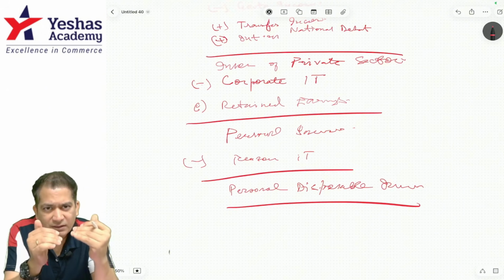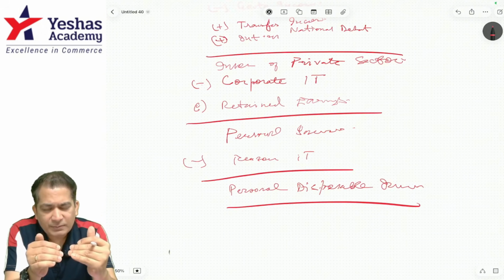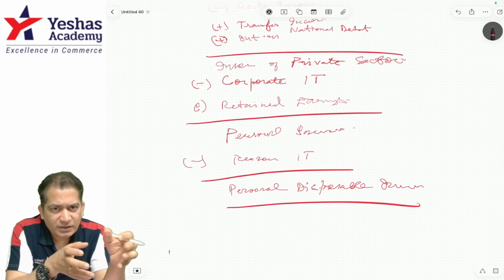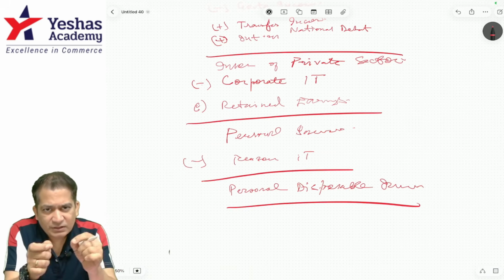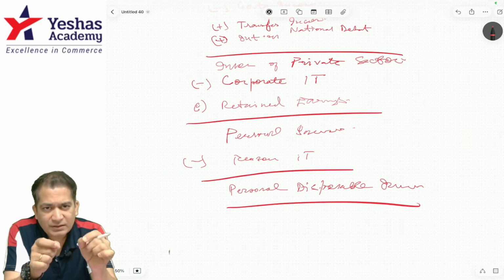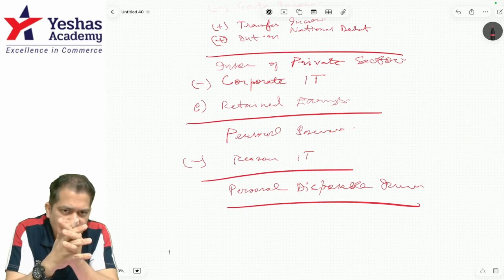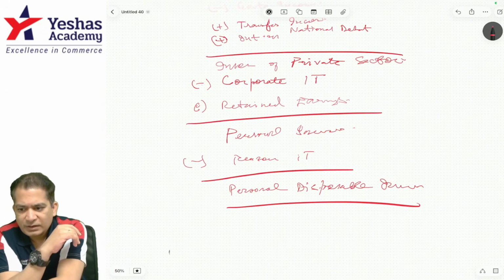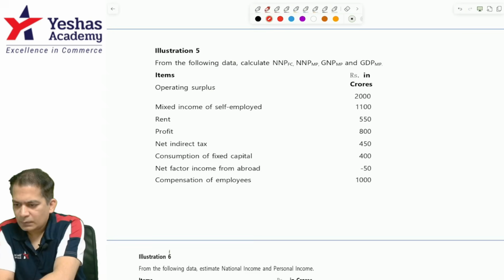From that, you deduct corporate income tax and retained earnings; the remainder is distributed as dividend to the shareholders, that is the household. That becomes the personal income. From that personal income, you deduct personal income tax to get the personal disposable income. I hope this is clear.